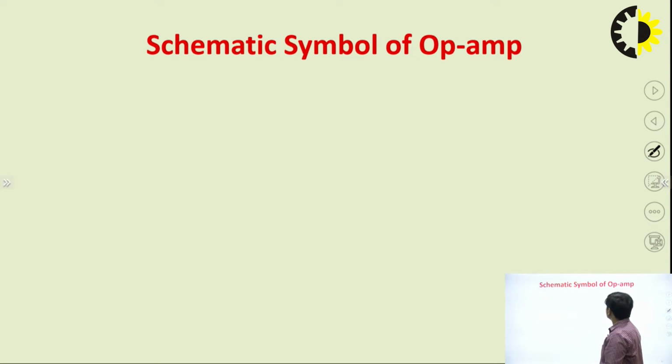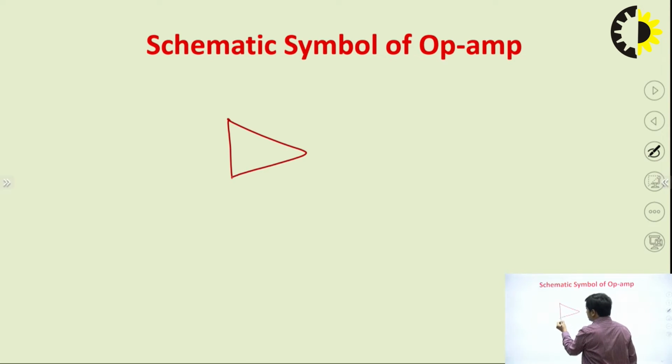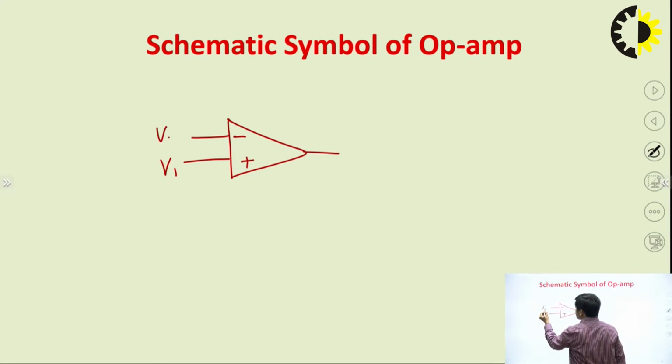Now coming to the schematic symbol of the op-amp. As I had already mentioned, in an operational amplifier there are two input terminals. Let's say V1 voltage is applied at the non-inverting terminal, V2 voltage is applied at the inverting terminal, and the output voltage is V0. So this is the schematic symbol of the op-amp. This op-amp is basically a voltage amplifier having two input terminals.